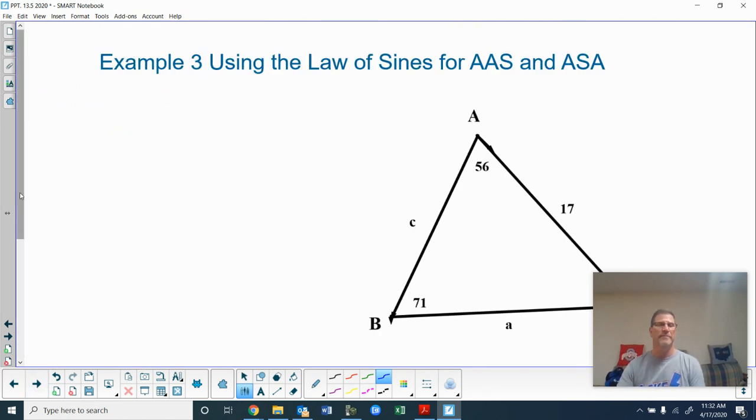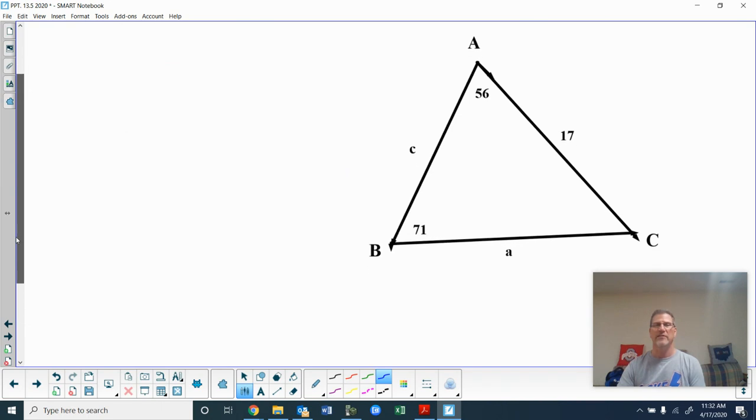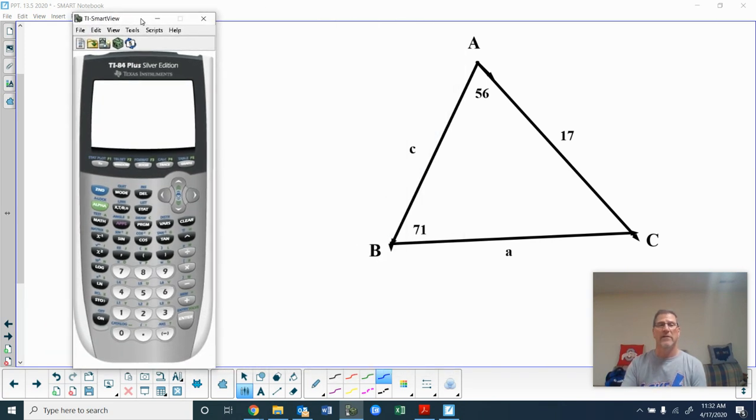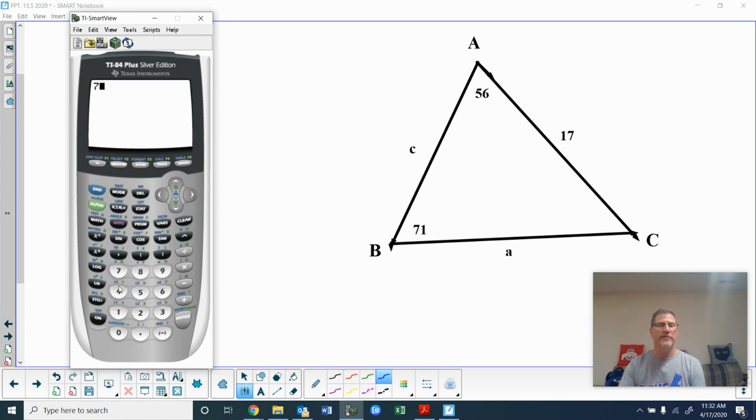Okay, I've got one more, looks like. So we'll go ahead and do it. Again, I'm going to find that missing angle. All right, so I'm going to go to my calculator. Let's clear all that stuff out. And I'm going to go 71 plus 56. Hit enter.